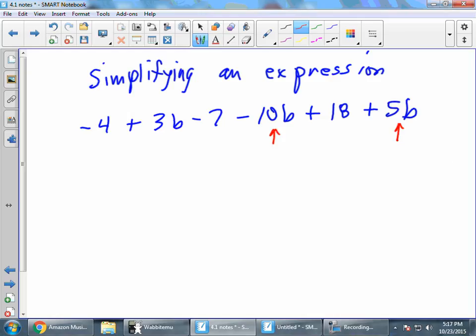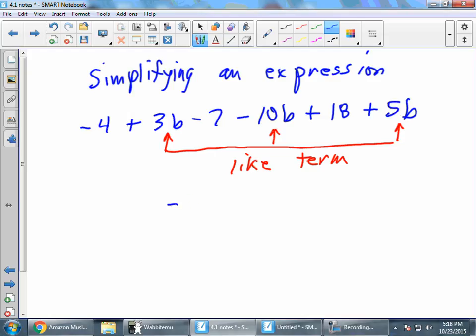5b, negative 10b, 3b. These are all what we call like terms because they all contain a b. So let's put those together. 3b minus 10b is negative 7b, and then negative 7b plus 5b is negative 2b.